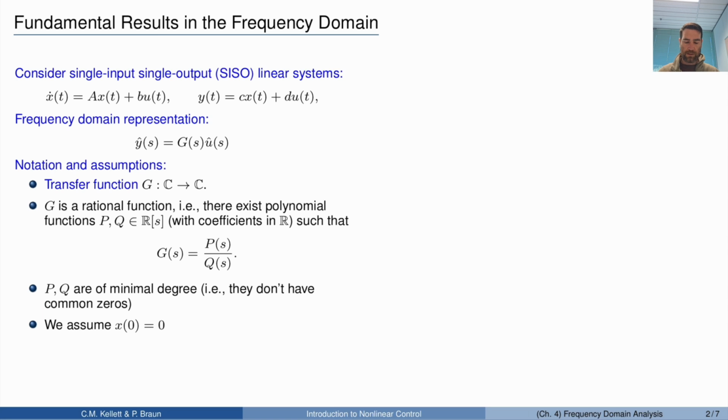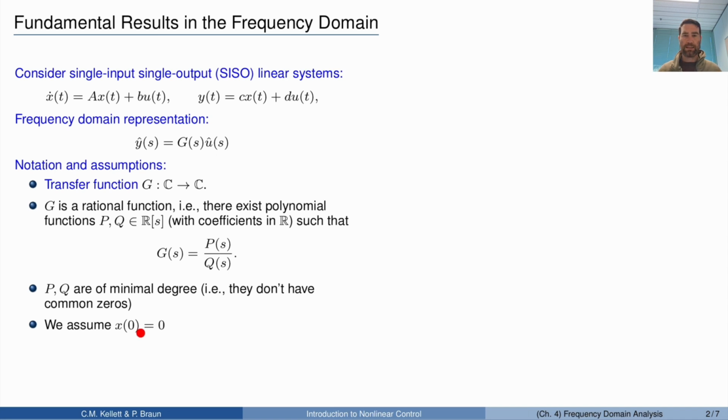of the parameter s, and a rational function means it can be represented through a polynomial in the numerator here and a polynomial in the denominator. And we assume that both p and q are of minimal degrees, which means we don't have common zeros here.